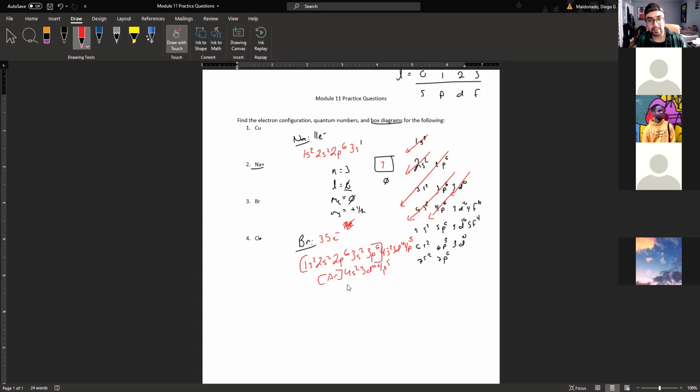All right, and then looking at our quantum numbers, so n, l, ml, and then ms. What do we base our quantum numbers off? Do I base them off my 3d10 electron?